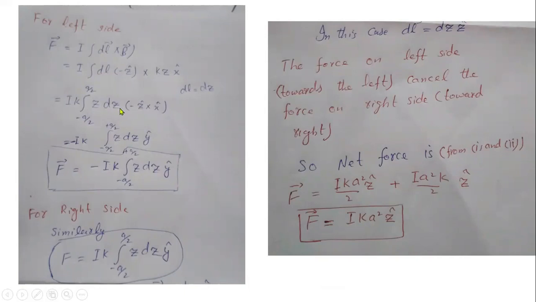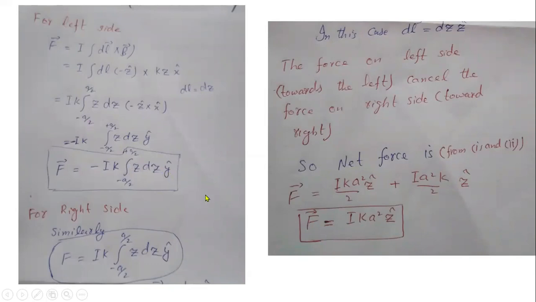So z in dz minus z cap cross x cap, and its limits are from minus a by 2 to a by 2, and we get here because z cap cross x cap is equal to y cap, so it is equal to minus I k minus a by 2 to plus a by 2 z dz y cap.